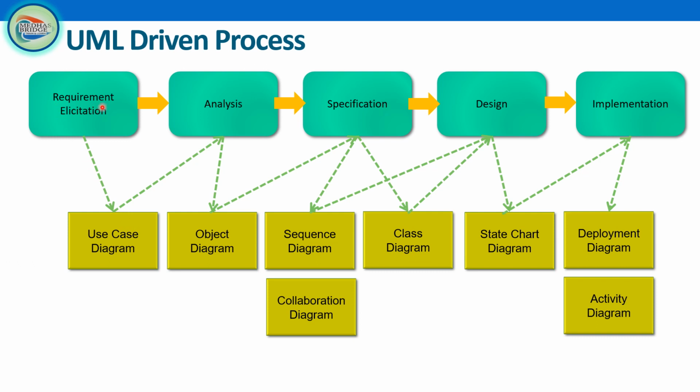Let's say in the requirement phase, we use use case diagrams. During the detailed analysis phase, we use use case diagrams and object diagrams. For consolidating the specifications of a system, we use object diagrams, sequence diagrams, and class diagrams. During the design, we need class diagrams, sequence diagrams, state chart diagrams.